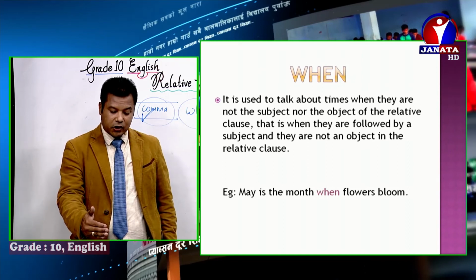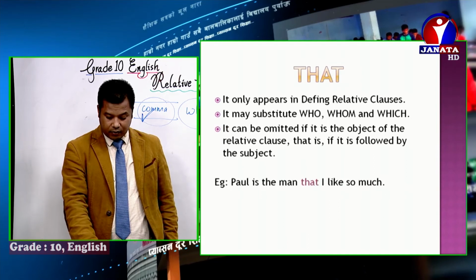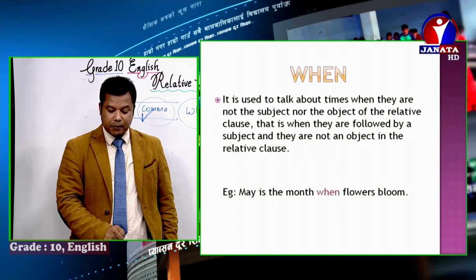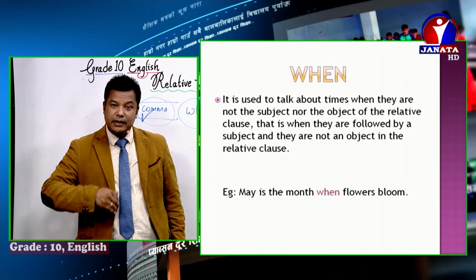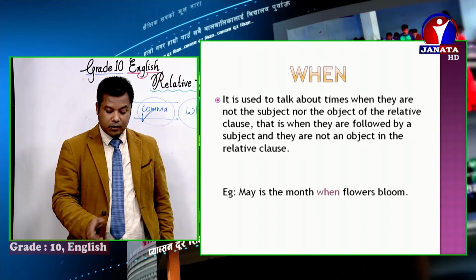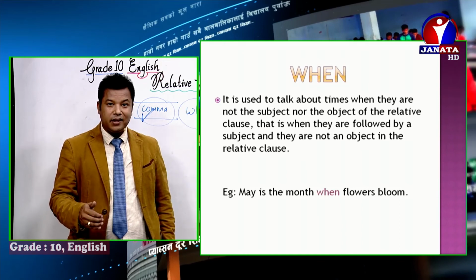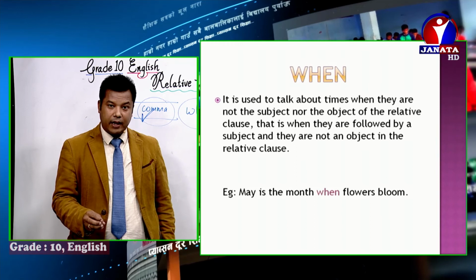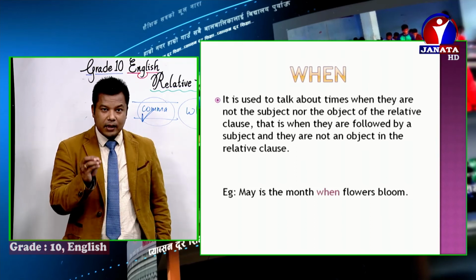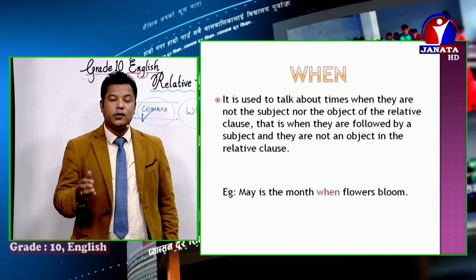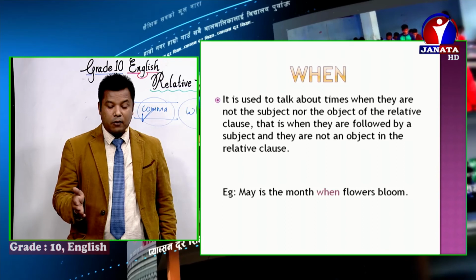Similarly, there is an expression made by when. Now see here, we will discuss later with these examples how we can use the same sentences a little differently by introducing prepositions. Like, May is the month when flowers bloom. If I don't like to use when, I can also swap this sentence and bring a slightly different example by introducing prepositions, like May is the month in which flowers bloom.